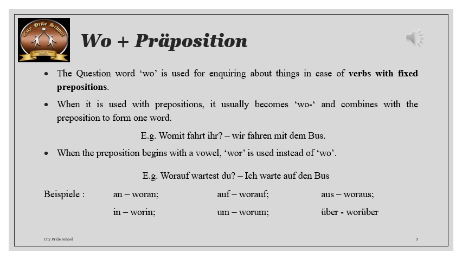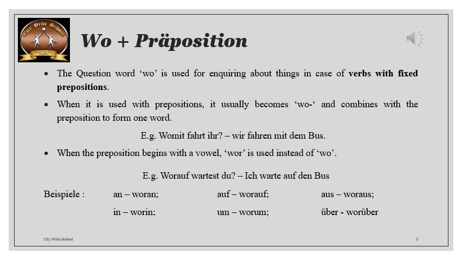When it is used with the prepositions, it usually becomes wo and combines with the preposition to form one word. Now, for example, womit fahren wir? Wir fahren mit dem Bus. Here you can see fahren mit is the verb with fixed preposition and Bus is the object. So, by which vehicle or by what are you traveling?